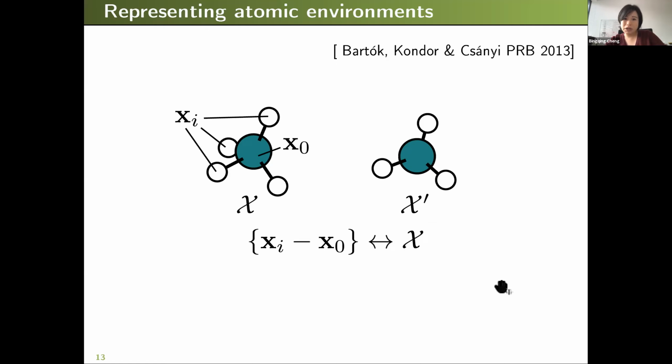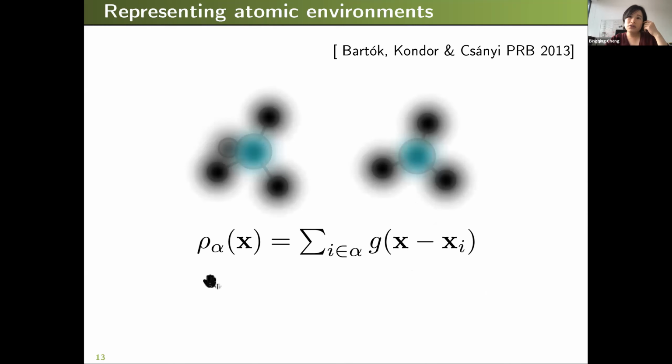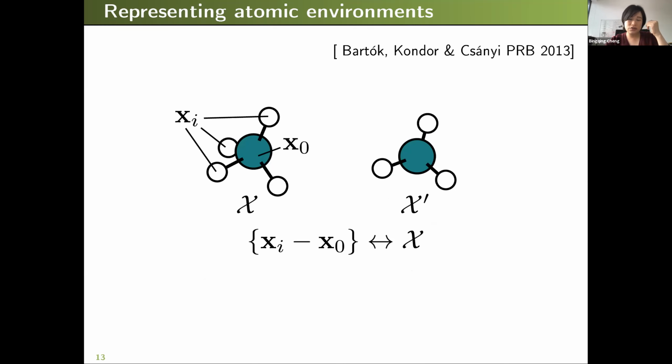But if we just use this, then it's problematic, right? Because if you swap, let's say, the indices of two hydrogen atoms, it is still the same atomic environment, but the representation would change.